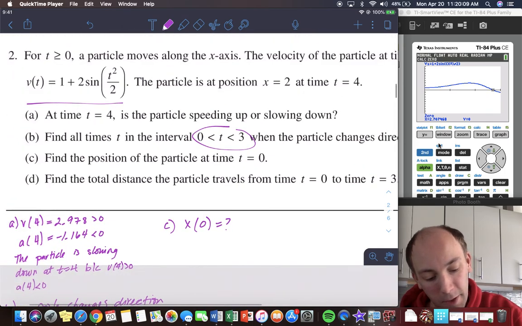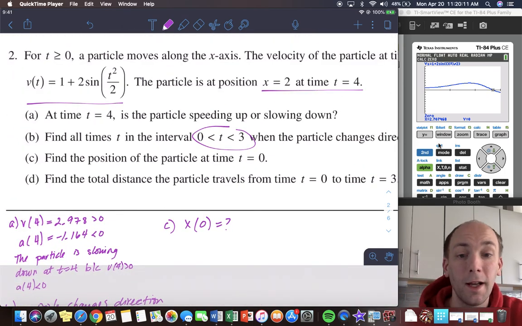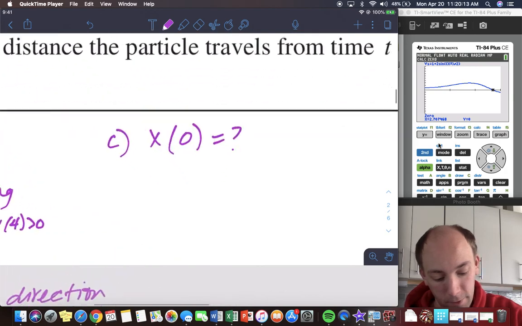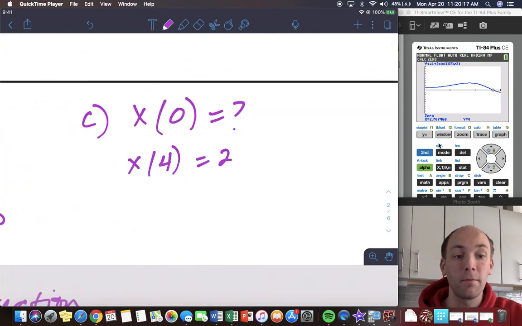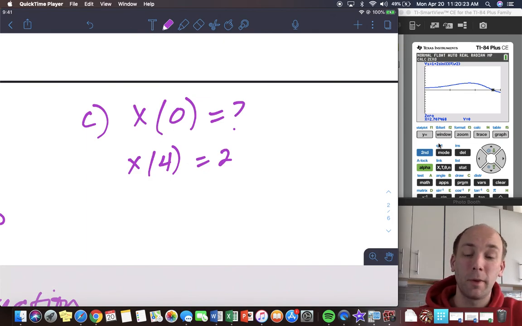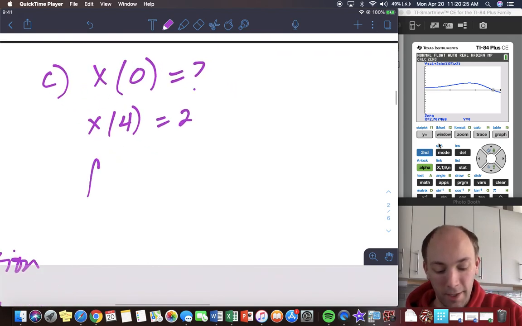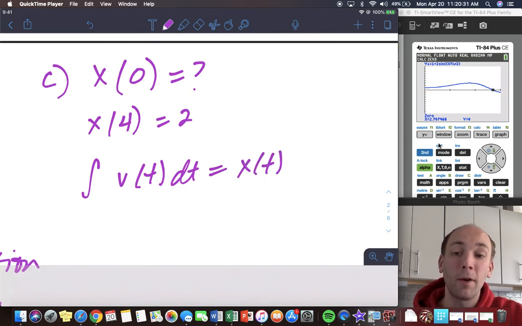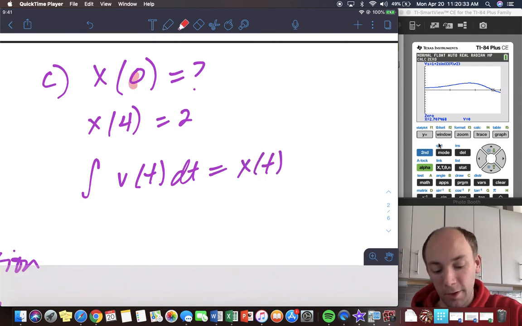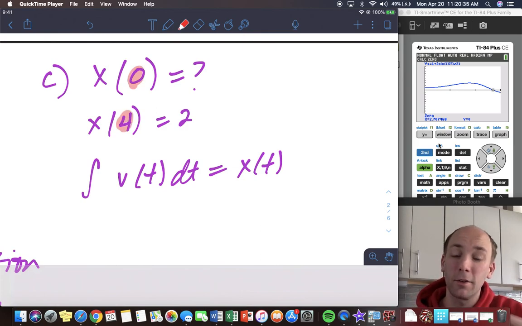But it tells me the position is 2 at t equals 4. So x of 4 is equal to 2. Okay? So somehow I want to connect these two things together. I'm given the velocity, but I want to go back to my position. So if I take the integral of velocity, I will get my position function. And I want to use the numbers that I have here, the time intervals that I'm either given or trying to find.